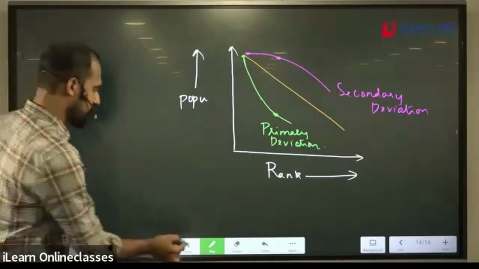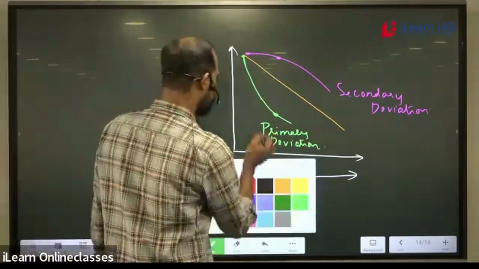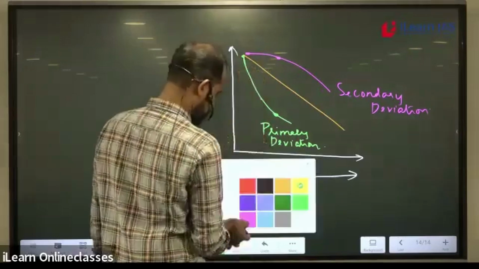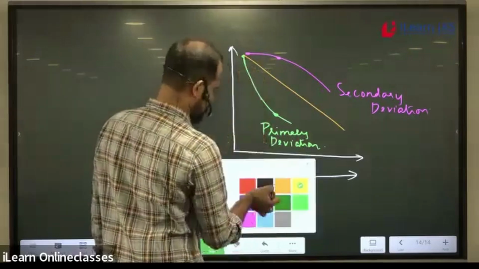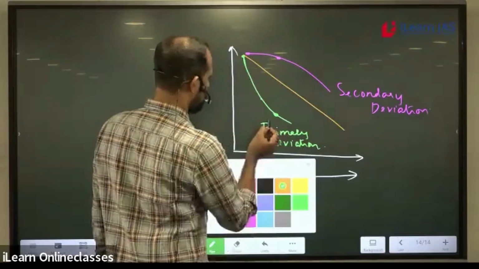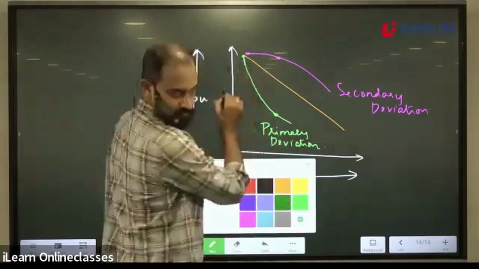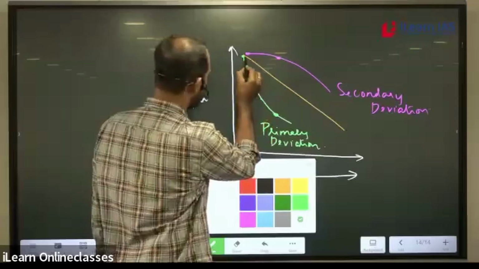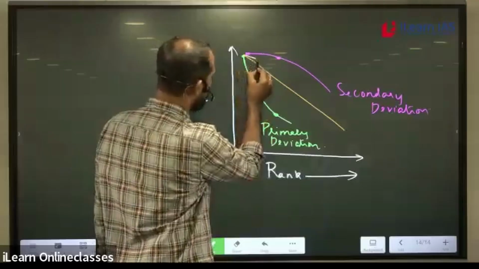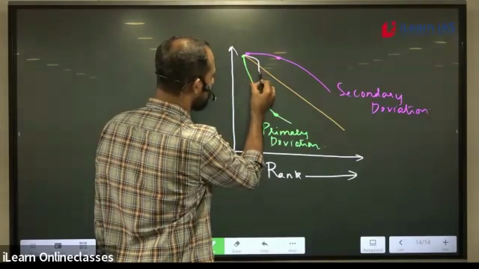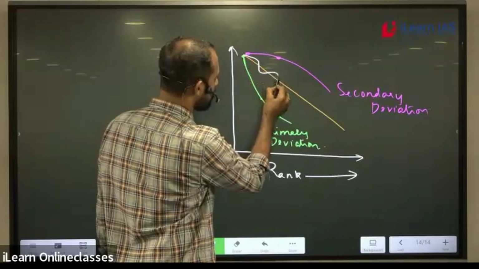Okay. Now, in addition to these two, probably you can also see something like this. Maybe the population of the second largest city will be closer to the third largest. Then there will be a sudden dip. Then again a closer.